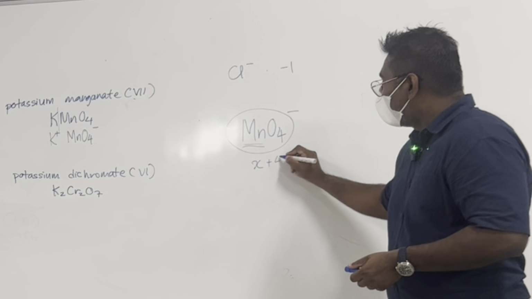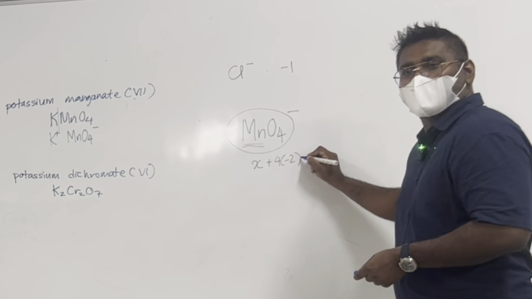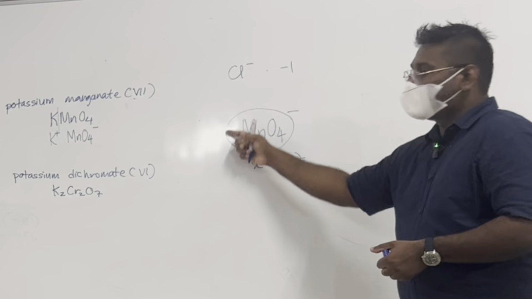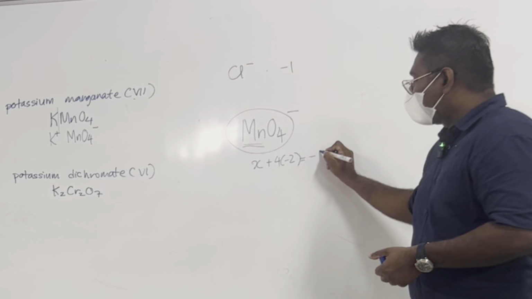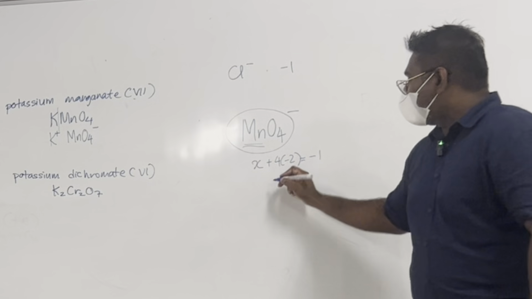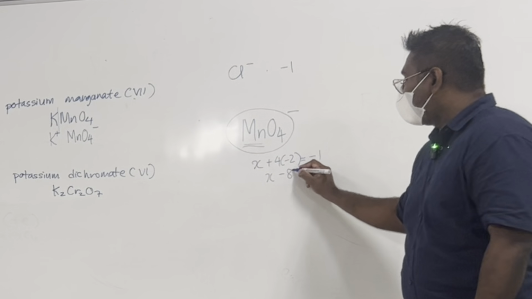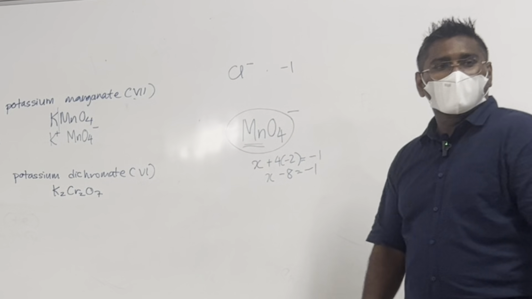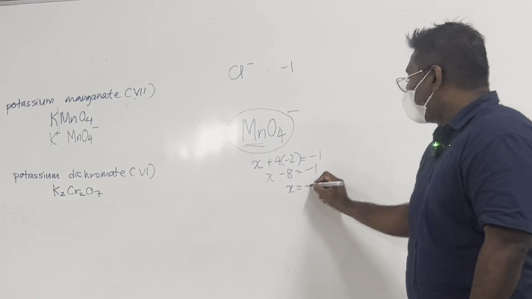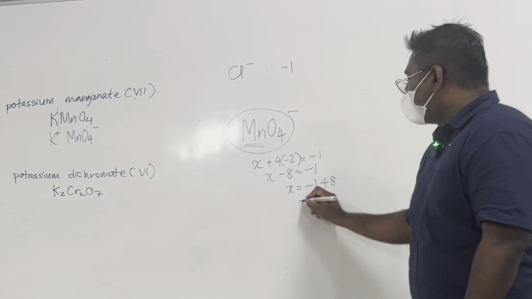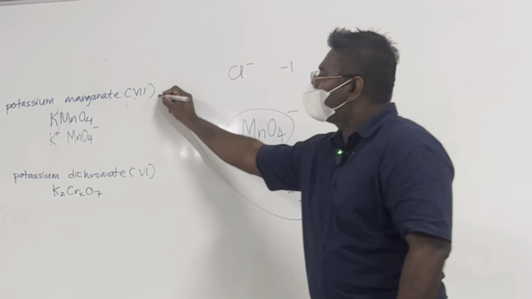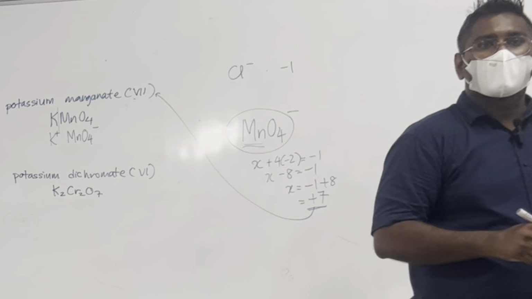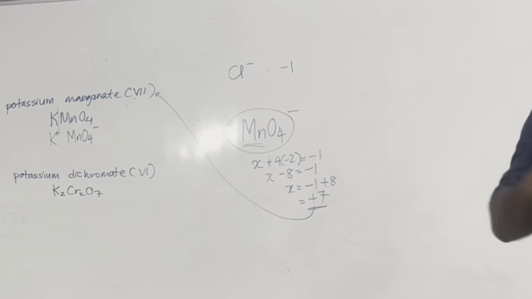So plus 4 times negative 2 equals the overall charge, negative 1. X minus 8 equals negative 1. X equals negative 1 plus 8. You will get plus 7. That is how we get the oxidation number.